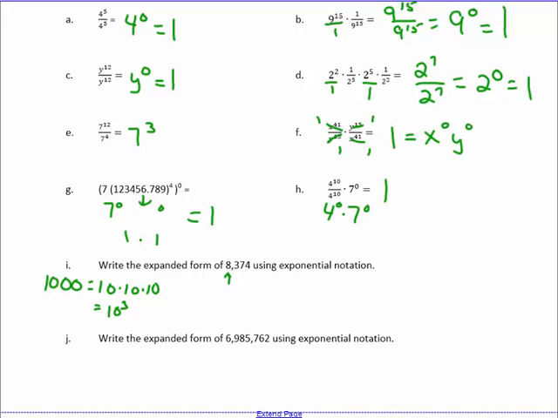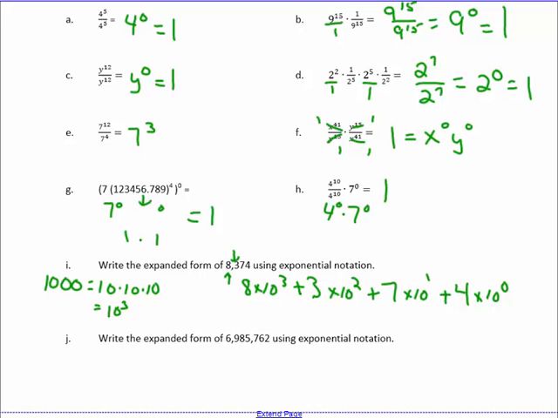So I would write that as 8 times 10 to the 3rd. Okay, well, the hundreds spot, plus 3 times 10 to the 2nd, plus, for the tens, we have 7 times 10 to the 1st, plus 4 times 10 to the 0, because that's in the 1 spot.